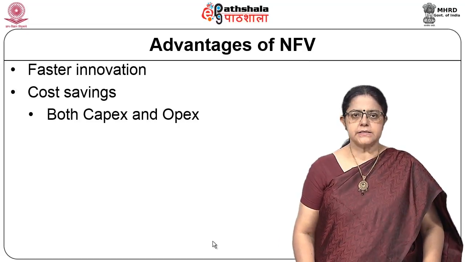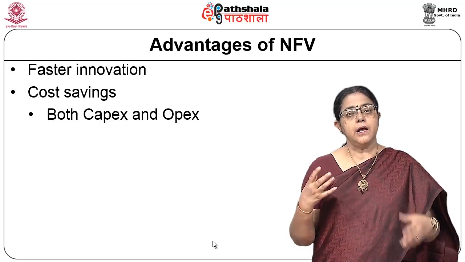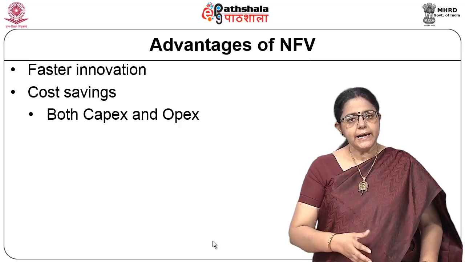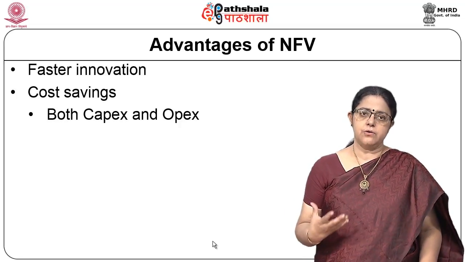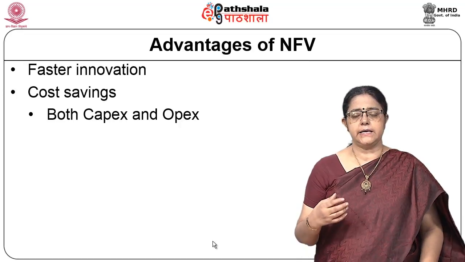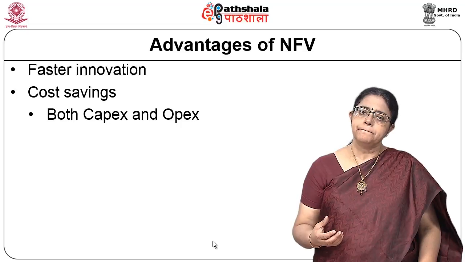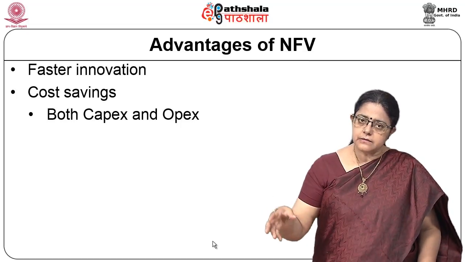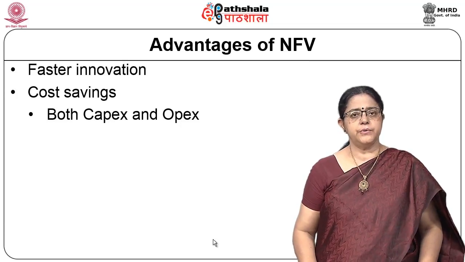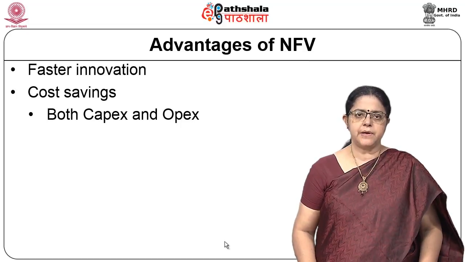So, fast innovation. If any new technique needs to be tried out, doing it on the actual network is costly. In case the functionality does not work, and in case there is a correction that needs to be done on that functionality, then it may damage the physical networking components, or at least it will keep it occupied for such testing purpose.